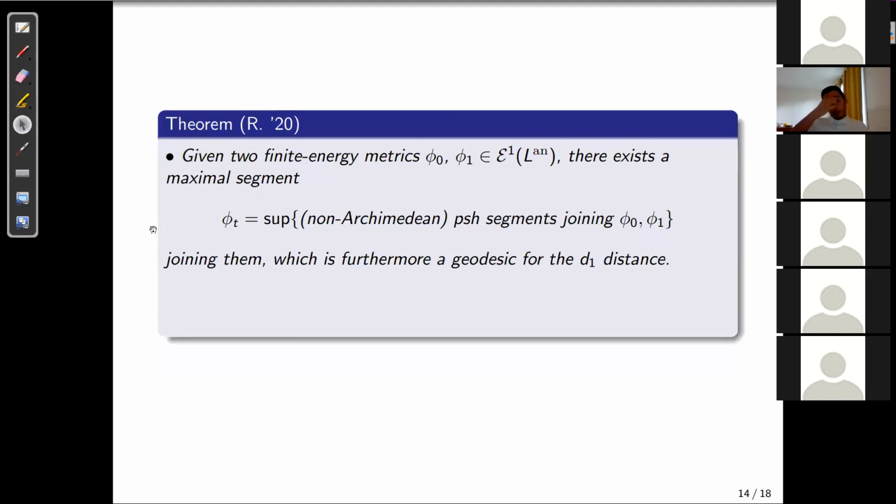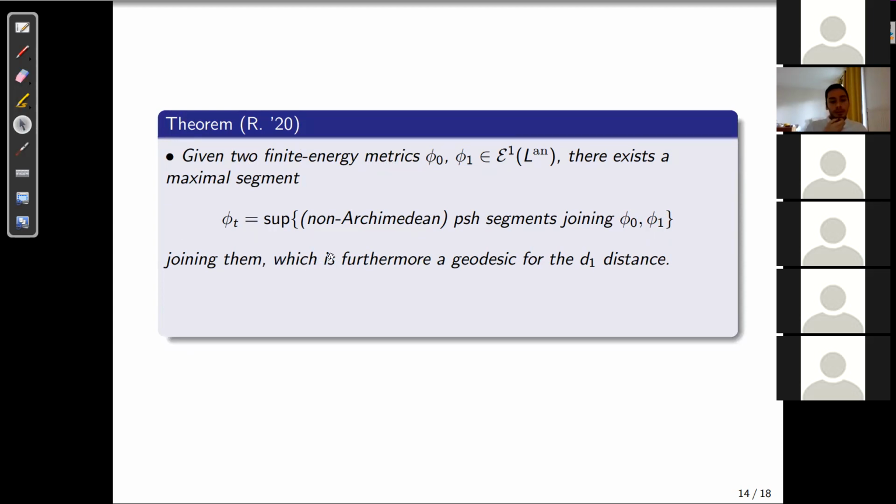Now our main result here is the following. If you take two finite energy metrics in the non-Archimedean case, then there exists a maximal segment, which is obtained as before as the maximal envelope of all PSH segments joining the endpoints.